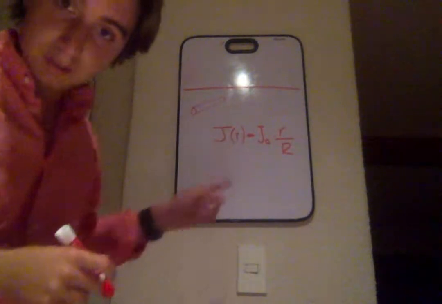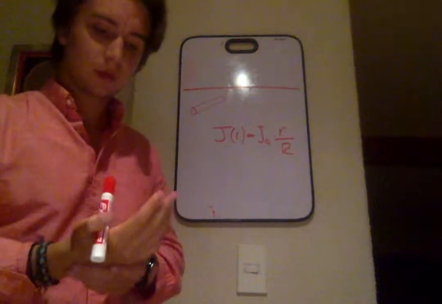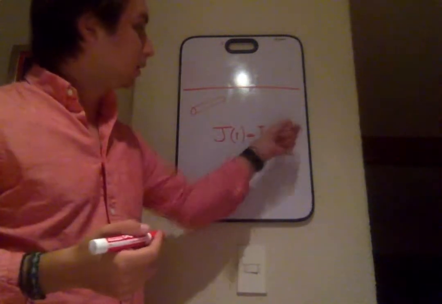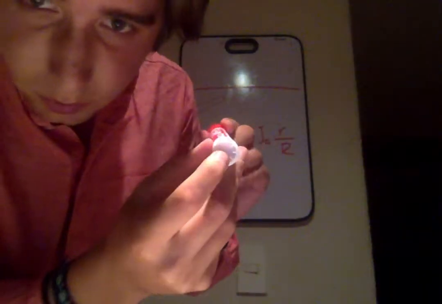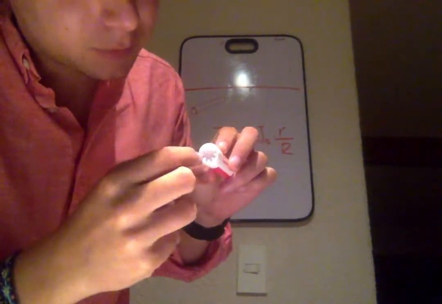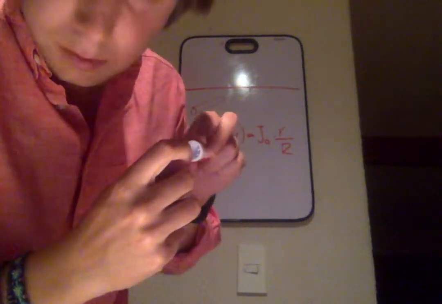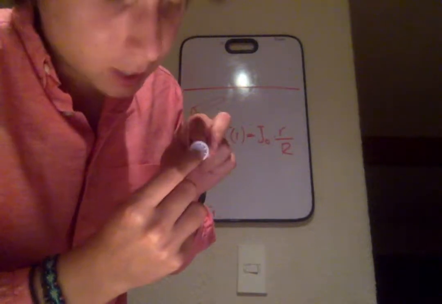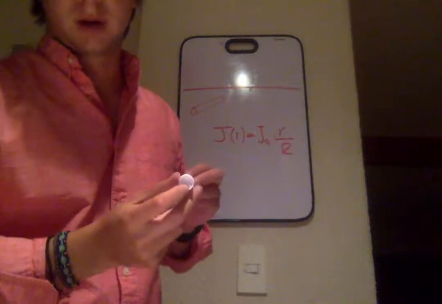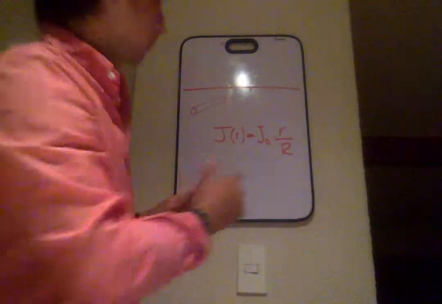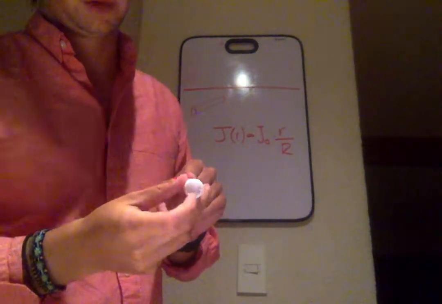So what does that mean? Well, J0 is the maximum charge density. r is the place where you will be located. So if you're trying to put a ring in this part, then you would have radius r, and the big R would be this circumference.